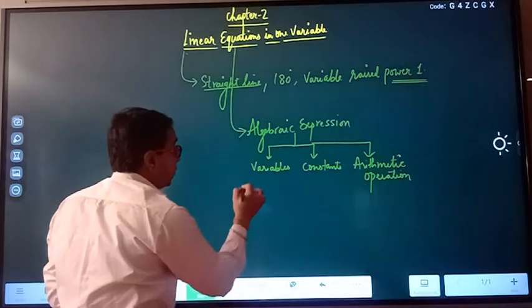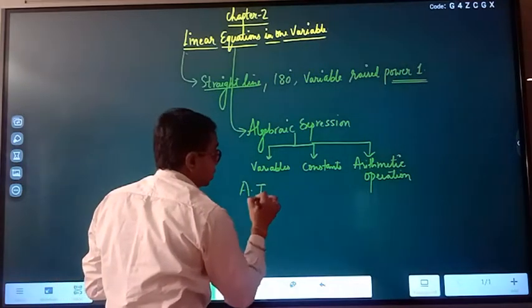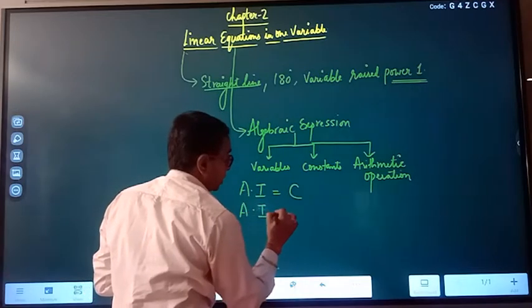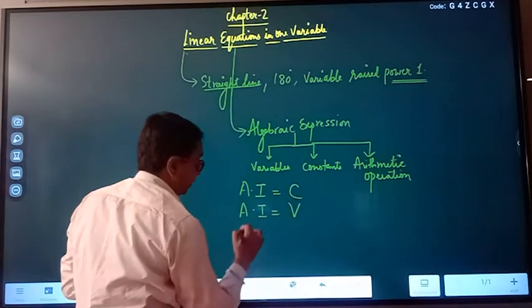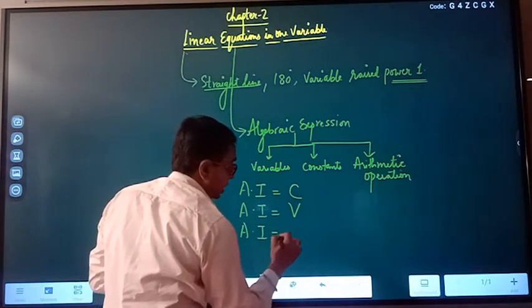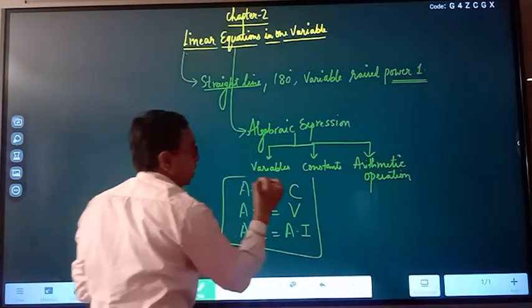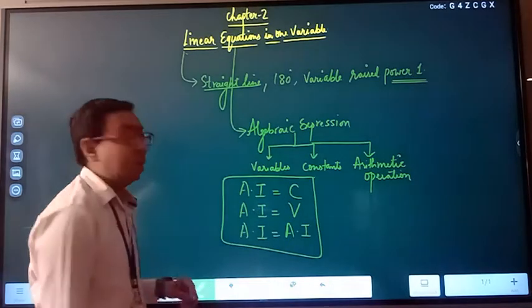And if we put one algebraic expression equal to a constant, another algebraic expression equal to a variable, one algebraic expression equal to another algebraic expression, we get equations. Why?